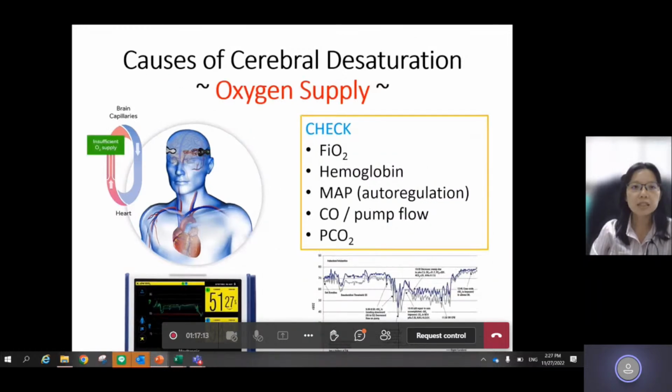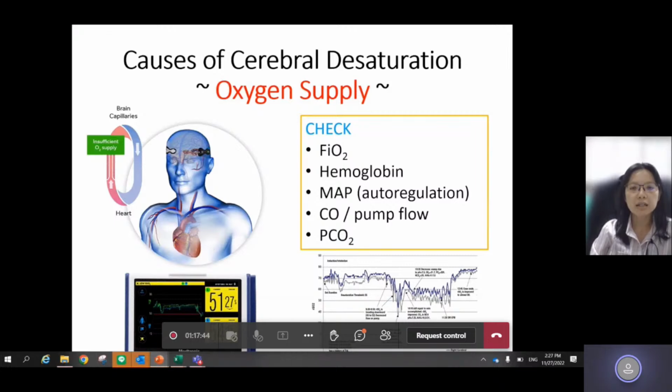Second, we need to check if there's adequate oxygen supply. We need to check our ventilator and see if the oxygen fraction is okay. We need to check if there's adequate hemoglobin; we don't want to have extreme hemodilution during cardiopulmonary bypass. And in cardiac and neurological patients or older patients, we might want to have a higher hemoglobin to improve our oxygen delivery.